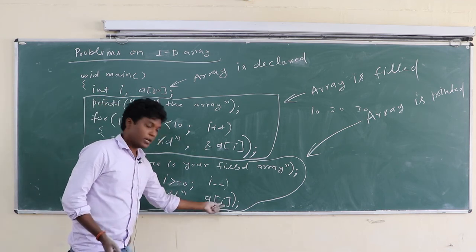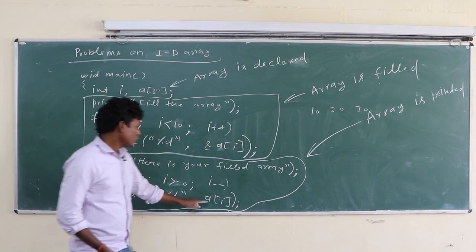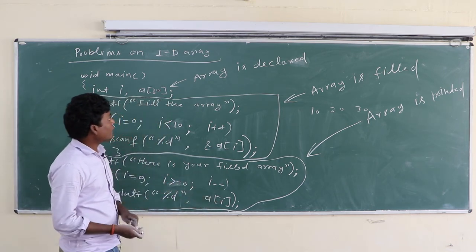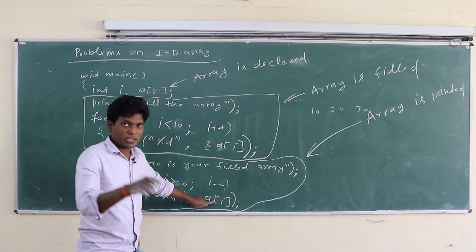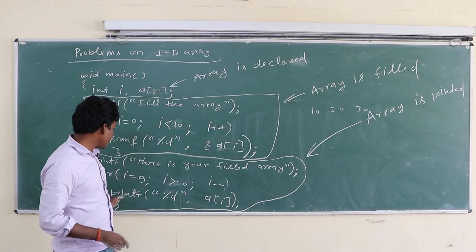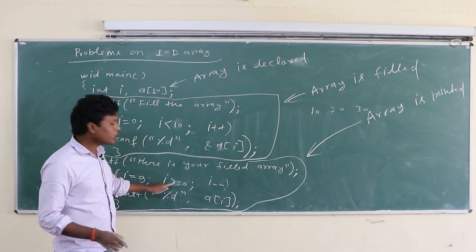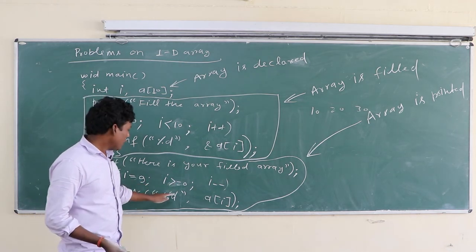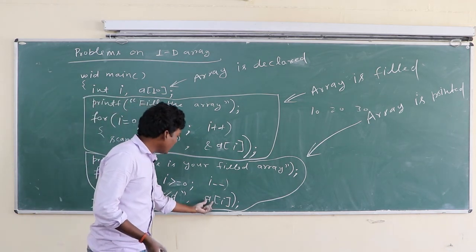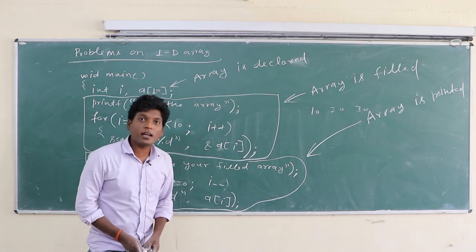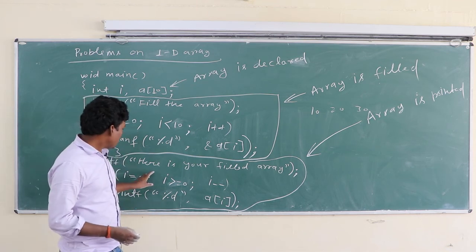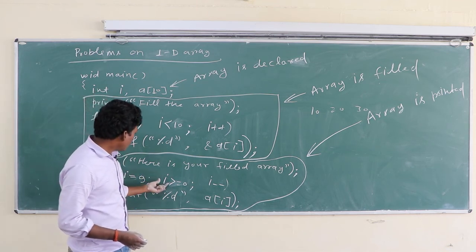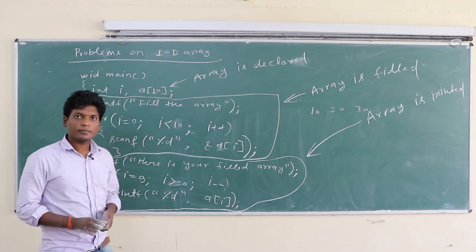So the last element is printed first, and the second time i becomes 8. 8 is greater than or equal to 0, yes, and this time printf prints a of 8, that is the second last element. So this is the printing of array elements in reverse order.